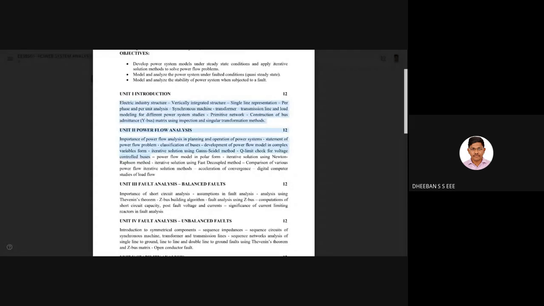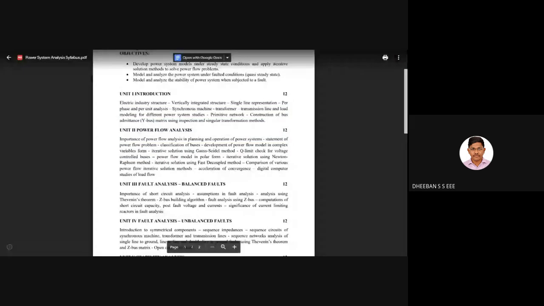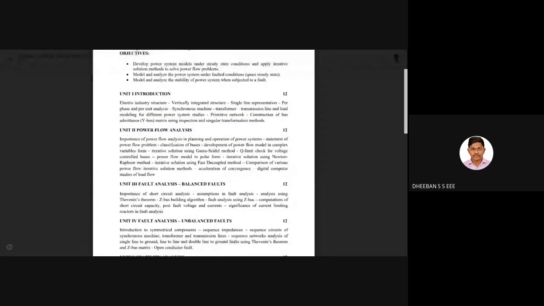Okay, and in the first unit you have to concentrate on your Y bus, and there is some theory part with the initial lectures in unit one. You can go through it; it's in the PPT as well as at the end of the notes.